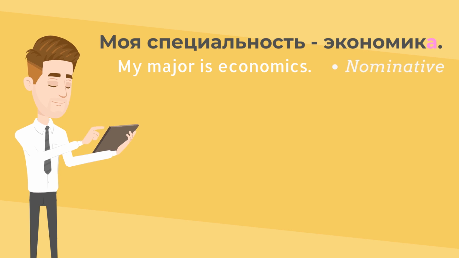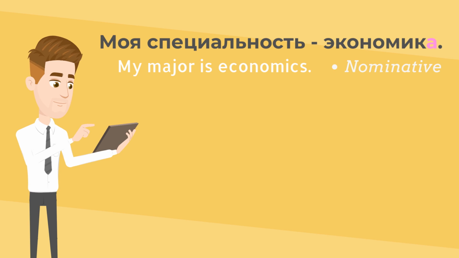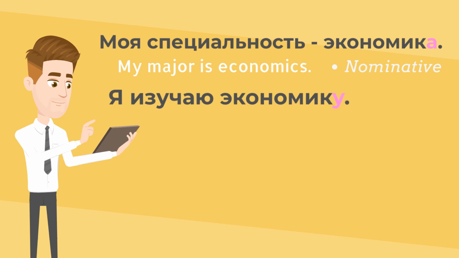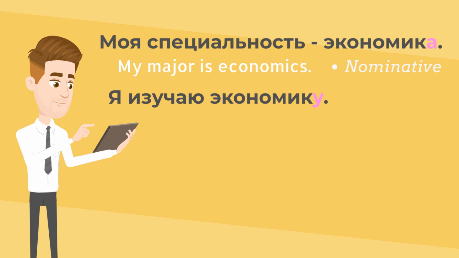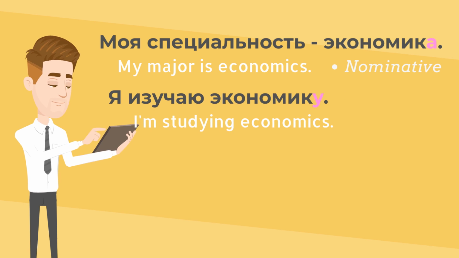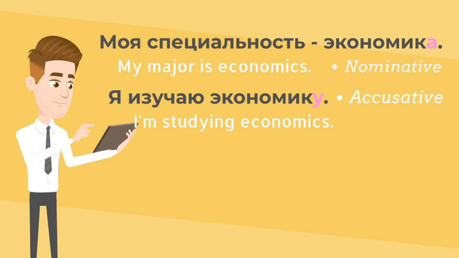Экономика is a feminine noun in the nominative case with the ending а. Я изучаю экономику. Экономику is a direct object of the transitive verb изучаю in the accusative case with the ending у.